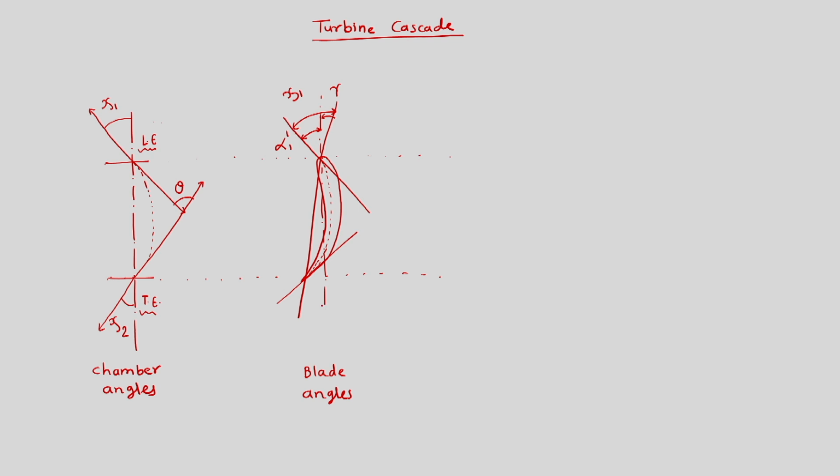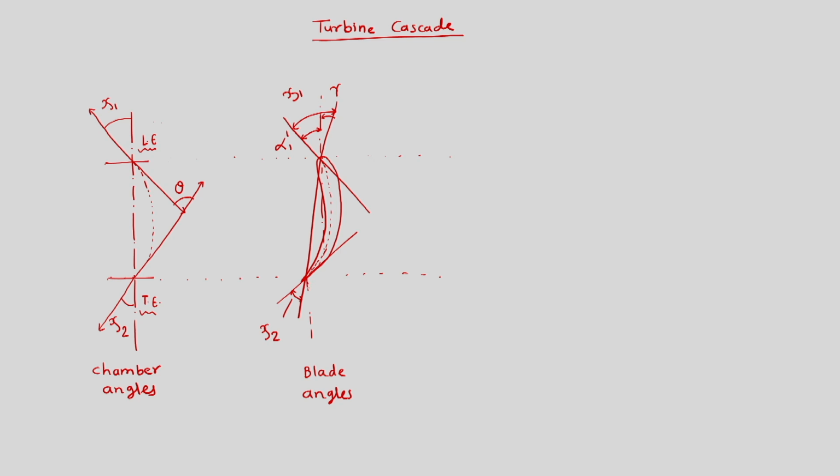Similarly we can make this tangent with the vertical axis, and this tangent with the chord line as chi 2.